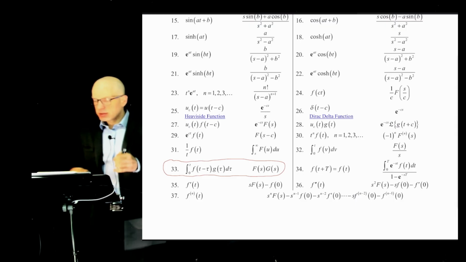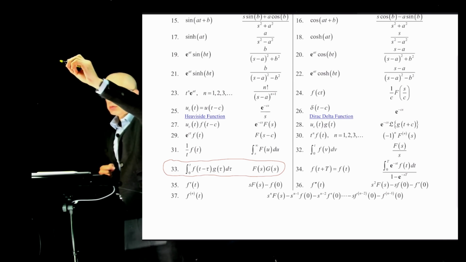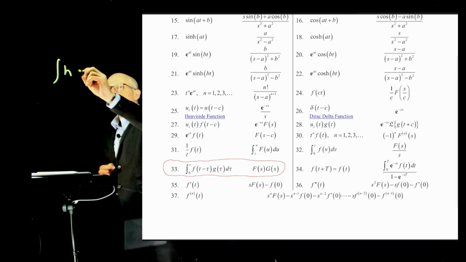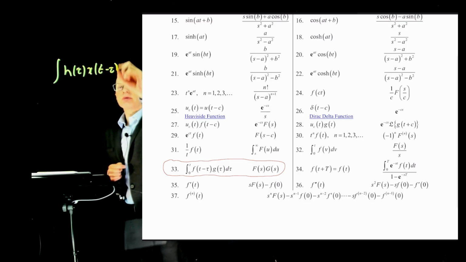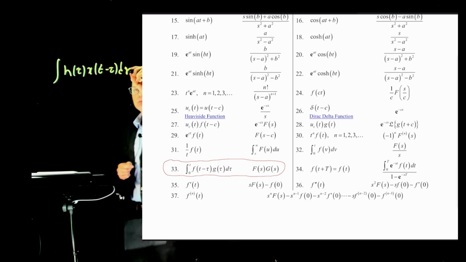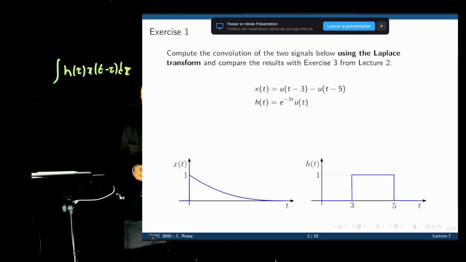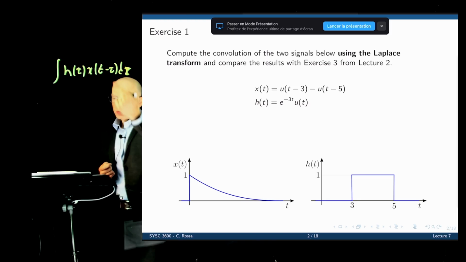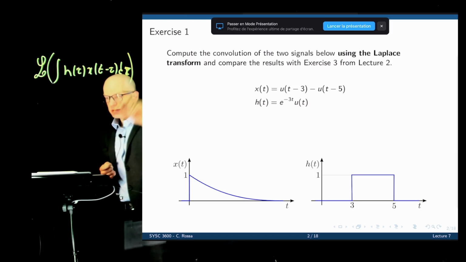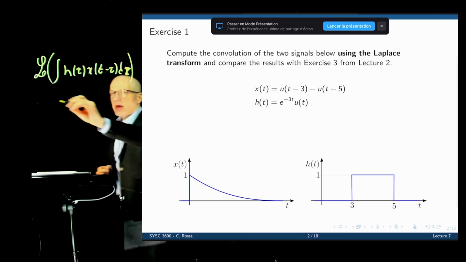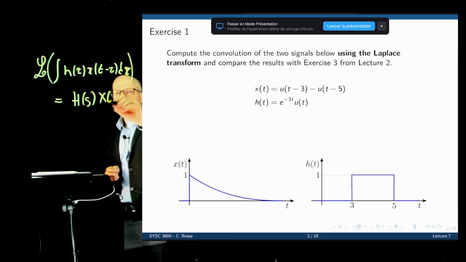So let me write this on the board. We are doing the convolution of h of tau x of t minus tau d tau. This is what we want to compute, but we could instead take the Laplace transform of this, which is the same as H of s times X of s.